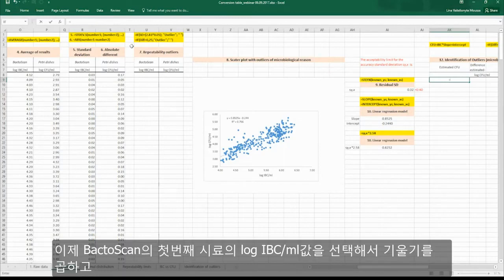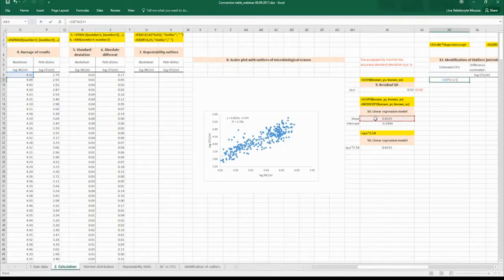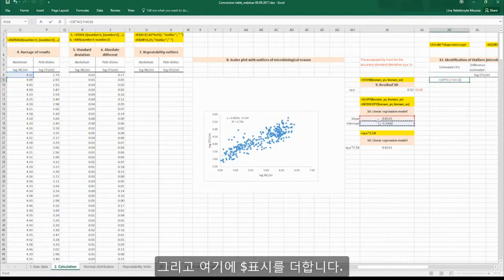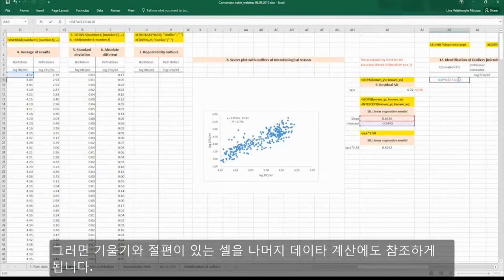If we choose the first sample, logarithmic IBC per milliliter multiplied by slope and adding intercept. In order to keep this formula from changing, we have to add the $ sign, so we can drag the formula down and it will be calculated for the rest of the data.